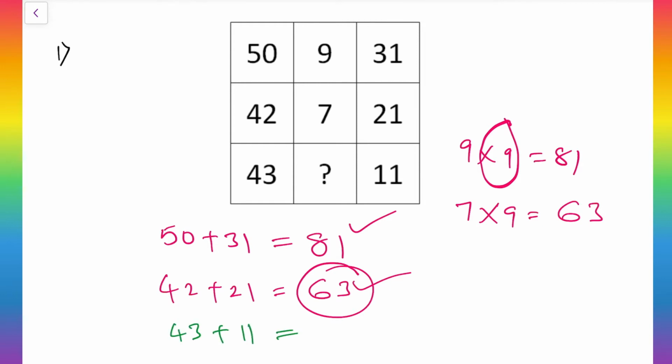How much is 43 plus 11? It is 54. Then some number should be there that, if we multiply it with 9, we get 54. So what is that number? That's nothing but 6. So the missing number here is 6.